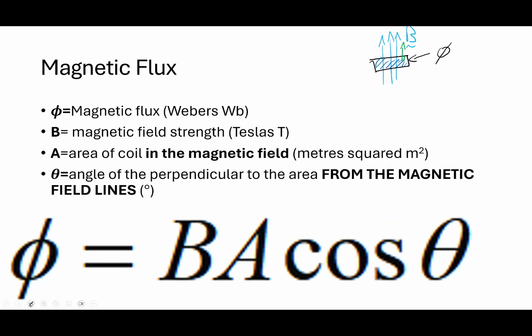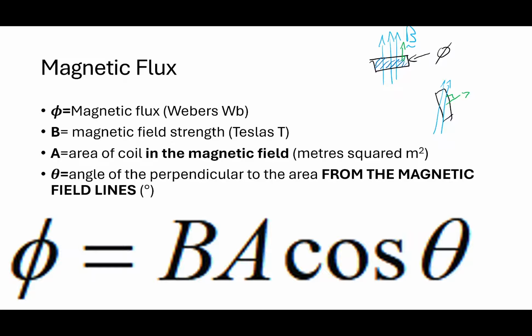So if we had something like this, then theta would be the angle measured from the perpendicular. So not the actual orientation of the plane itself, not the area itself, but the perpendicular of the area.